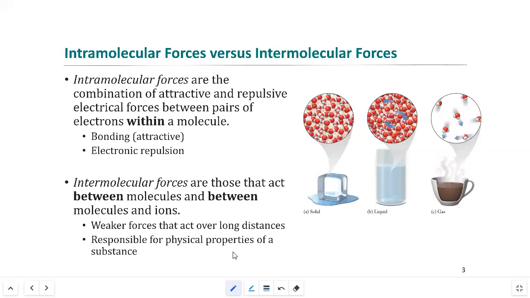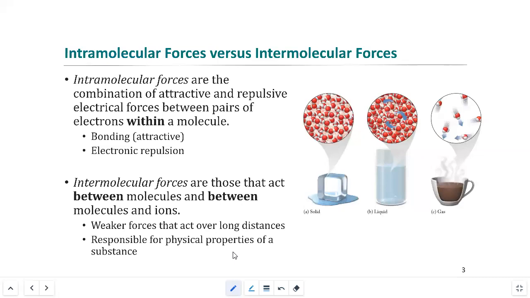So again, think about those diagrams that we showed you in chapters 4 and so on, about the idea that you get those nuclei a certain distance apart, they form a bond, the attraction is maximum with minimal repulsion. You get them too close to each other, the nuclei start to clash, the bond isn't as strong.